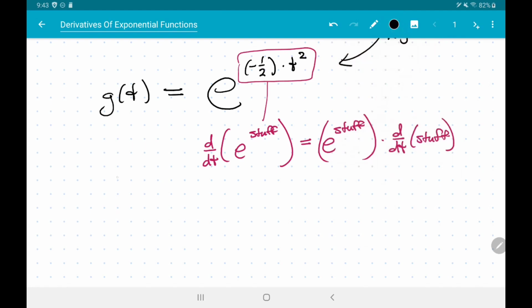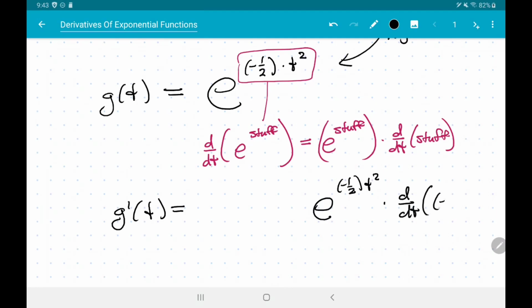So when I write out the derivative, g prime of t is, well, I guess I can write it over here, e to the negative 1/2 t squared, times the derivative with respect to t of negative 1/2 times t squared.